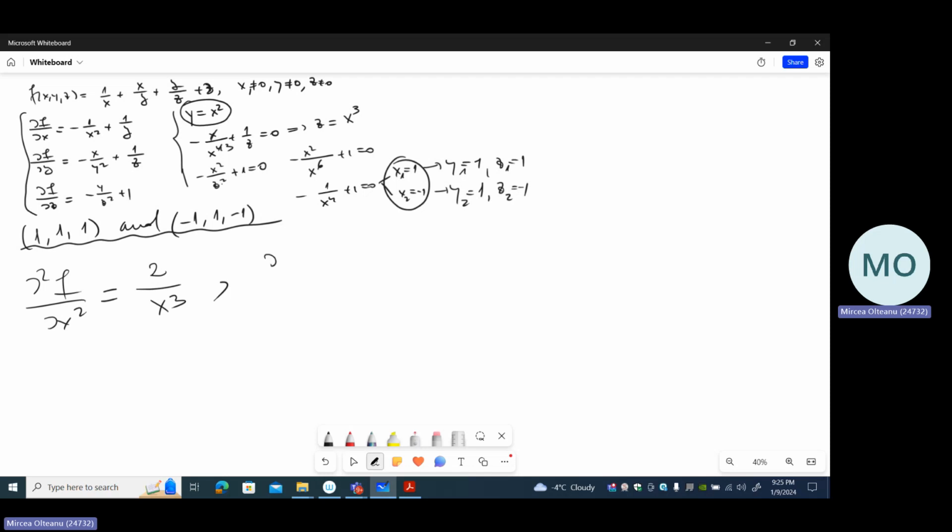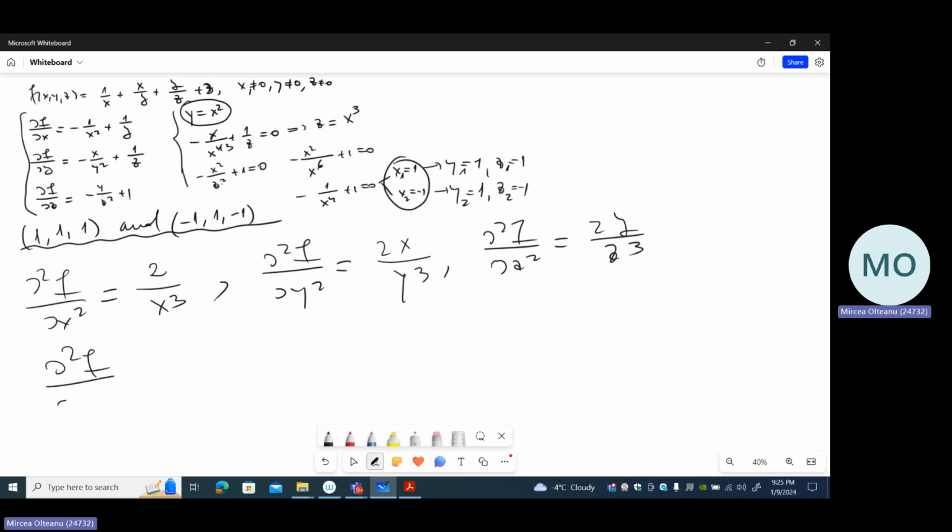With respect to x, with respect to y, the non-mixed second order partial derivatives are given by these formulas. And now the second order mixed partial derivatives.